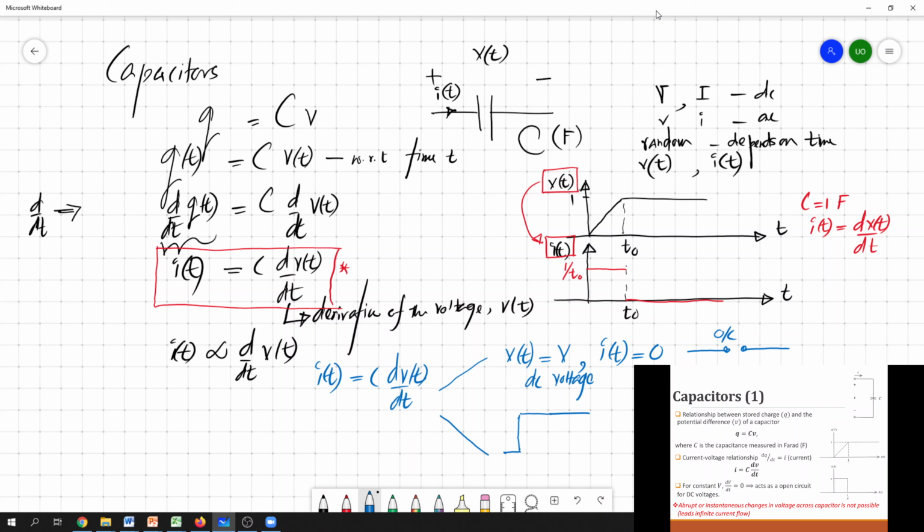At any given time, this voltage is simply raised to a certain value during that period, during this rising edge. What about the gradient of the voltage?